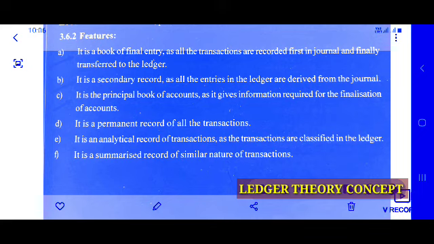For example, if you want to know the exact cash balance, we can ascertain it easily while preparing a cash account.